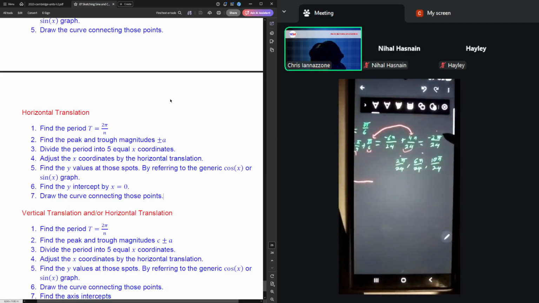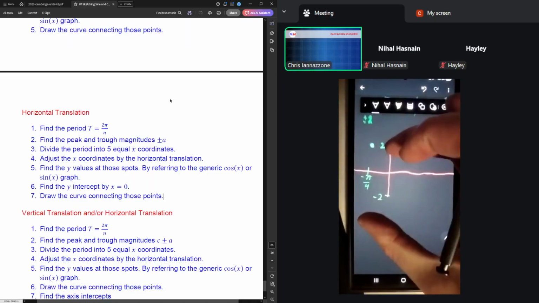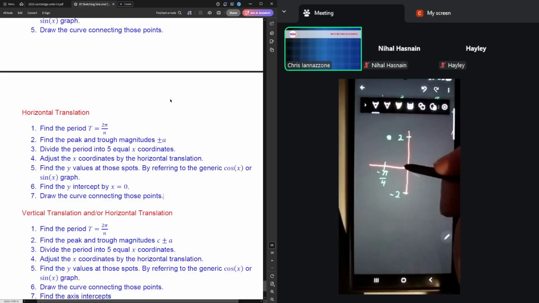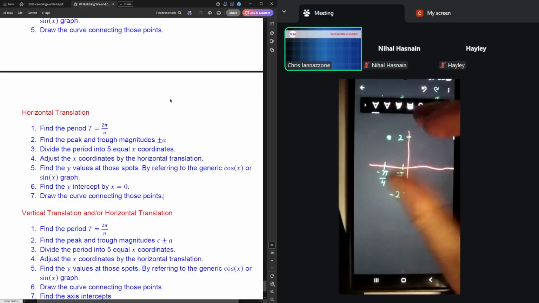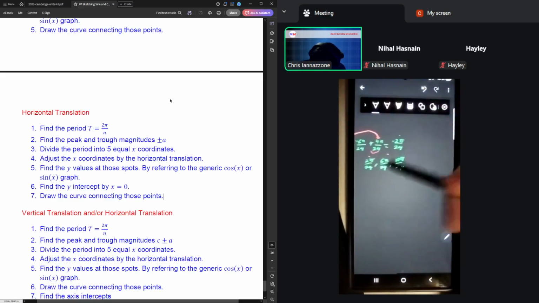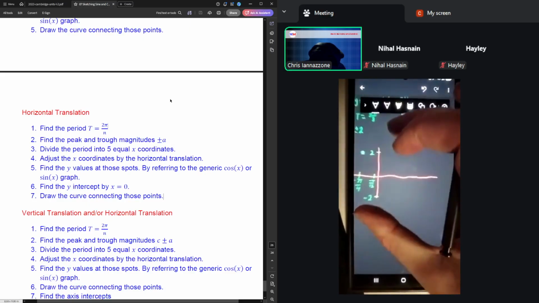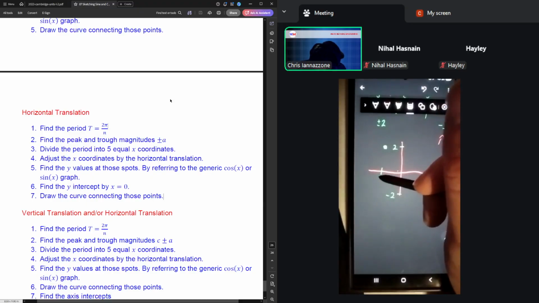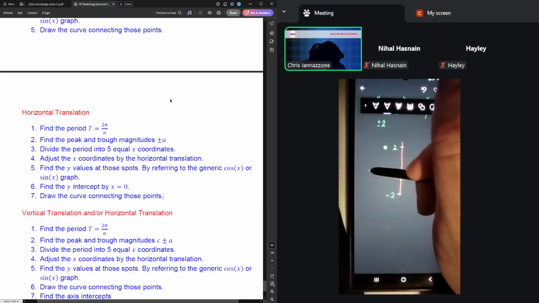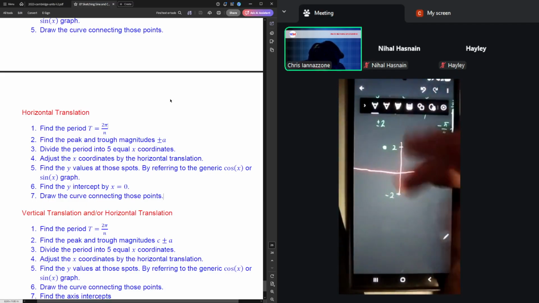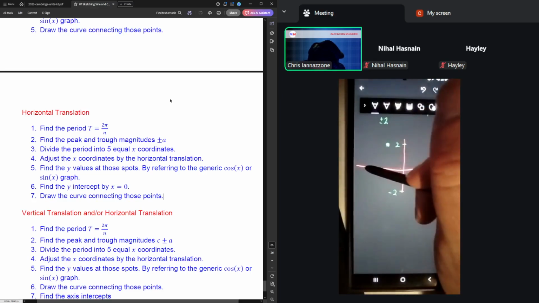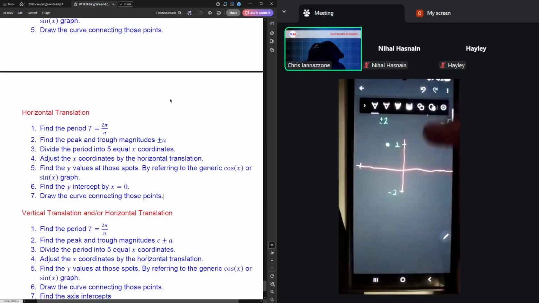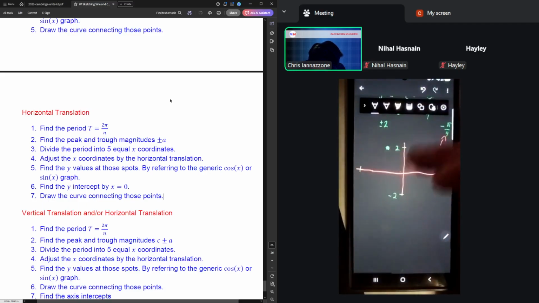Negative pi on 24 becomes negative pi on 12. Positive 2 pi on 24 becomes positive 2 pi on 12. Again, you can see how already I've still squished up a little bit, so let's give myself some more space. Where do we start again? Minus pi on 4.